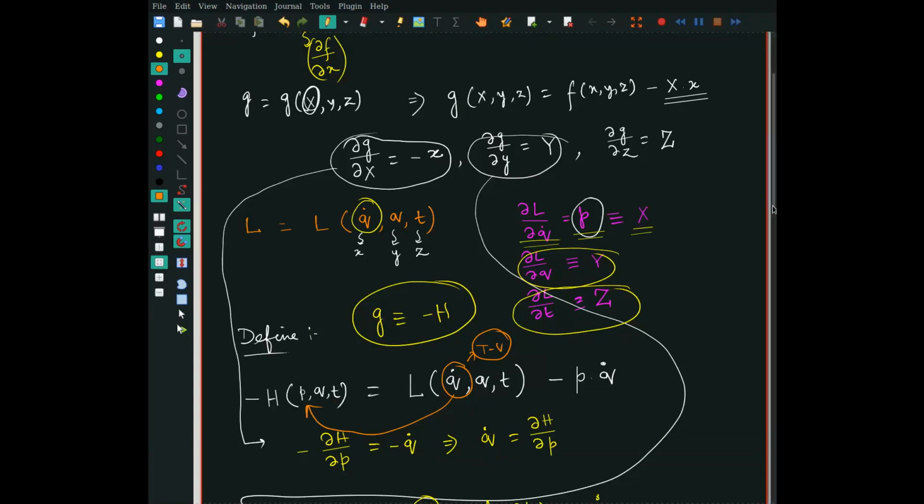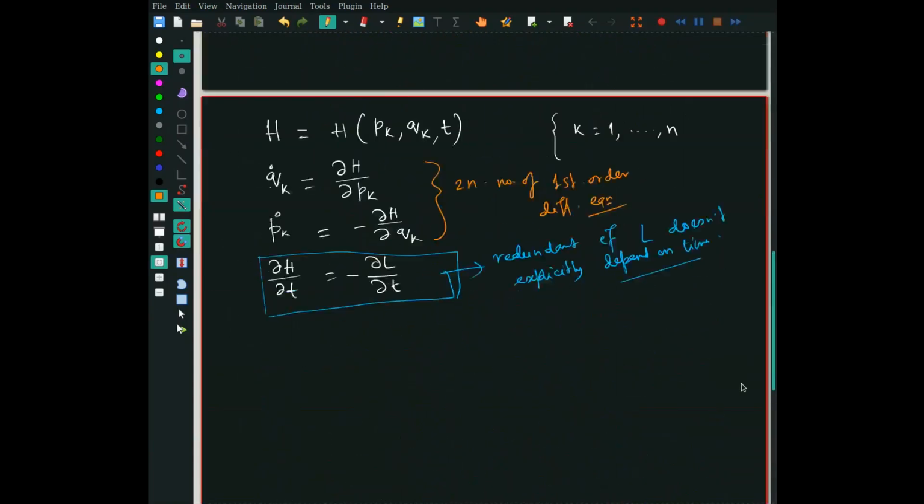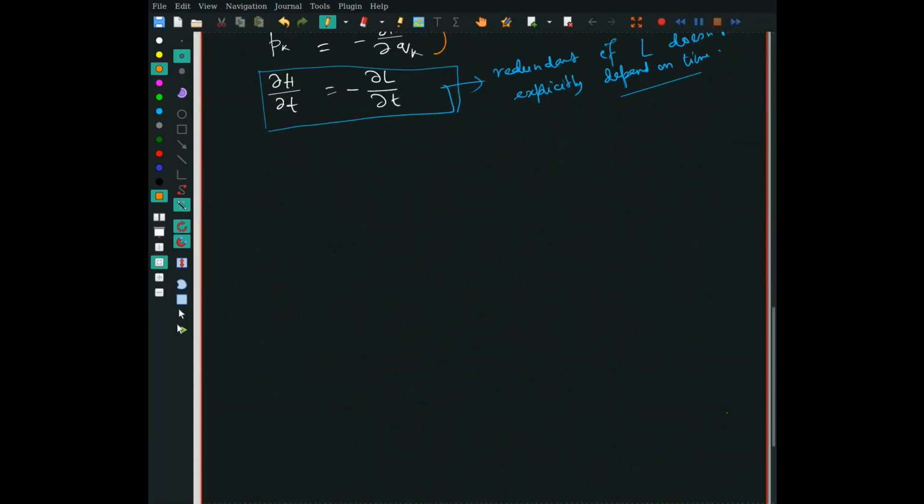Now before I proceed further, I want to give an example of, given a Lagrangian, how to construct a Hamiltonian. Perhaps many of you already know that, but I want to stress a couple of points here. So let us go back to the central force problem in two-dimensional polar coordinates.